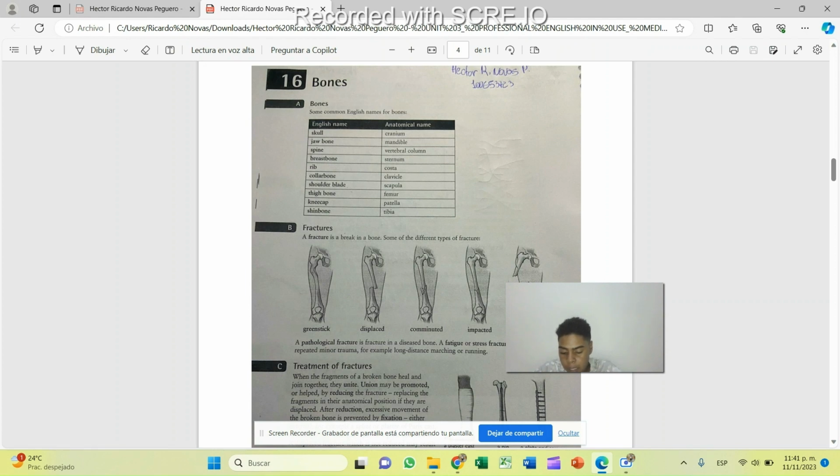Rib, costa. Collarbone, clavicle. Shoulder blade, scapula. Thigh bone, femur. Kneecap, patella. Shin bone, tibia.